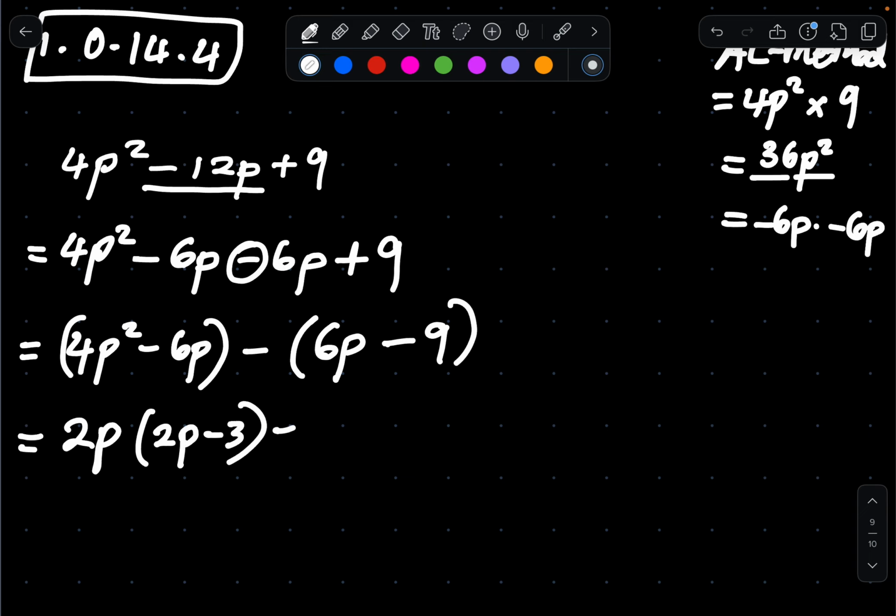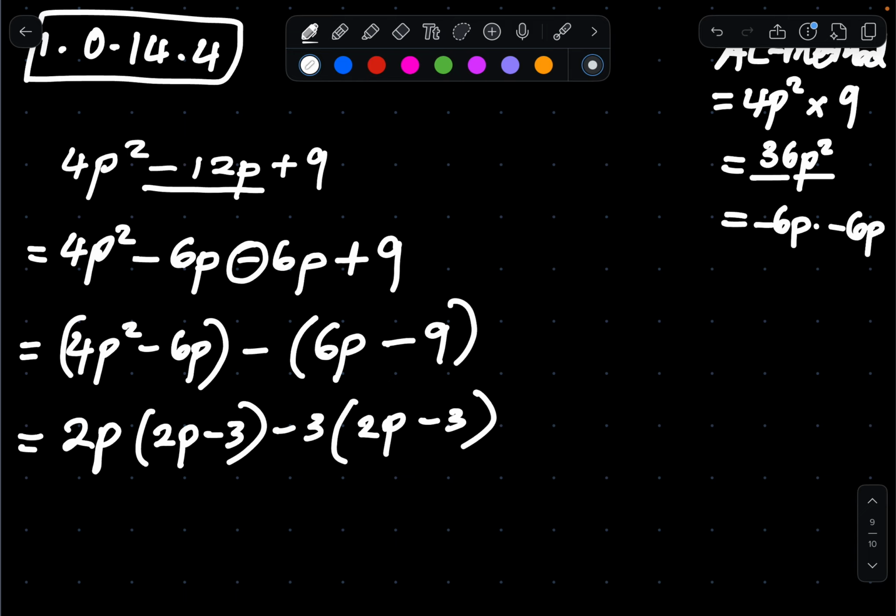Then we have a minus there. Now if you check on the second bracket, there's a highest common factor of 3 between 6 and 9. And then you're just going to be left with 2p minus 3.